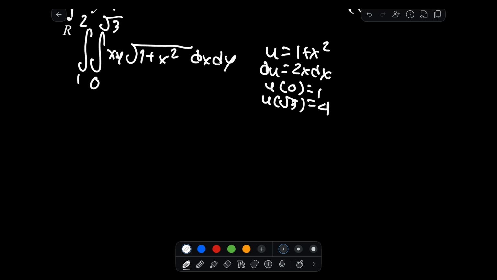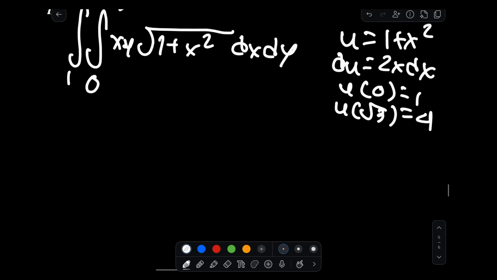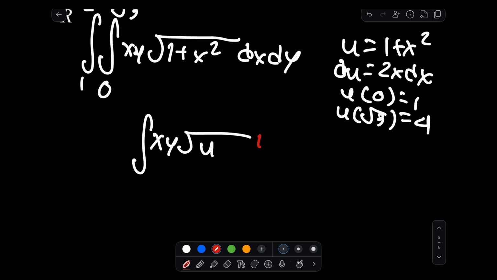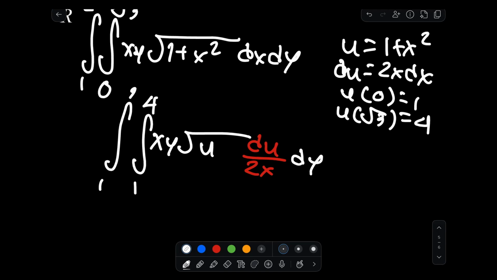And now we can rewrite our order of integration. So we can rewrite this as x, y, root u. And then we're going to get du over 2x dy from 1 to 4, 1 to 2.